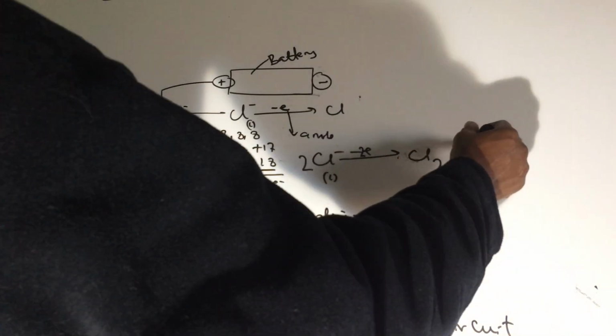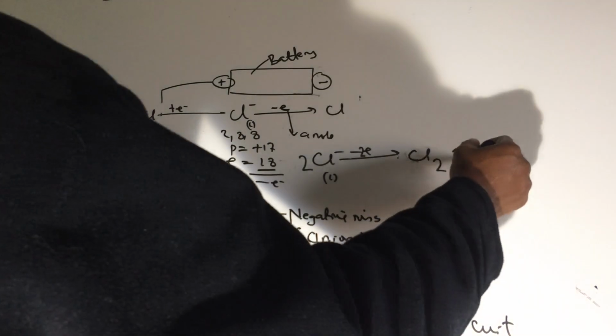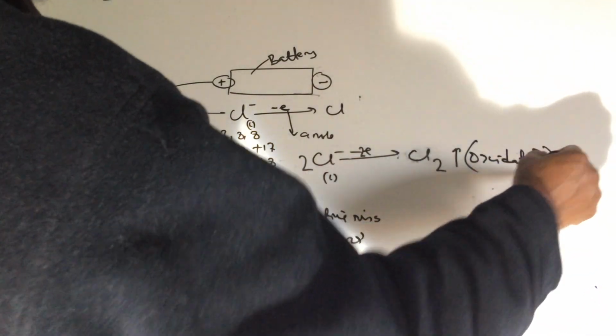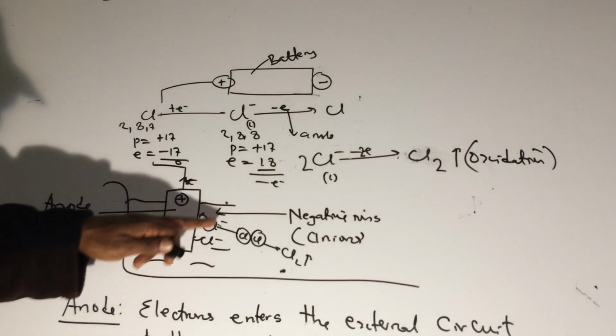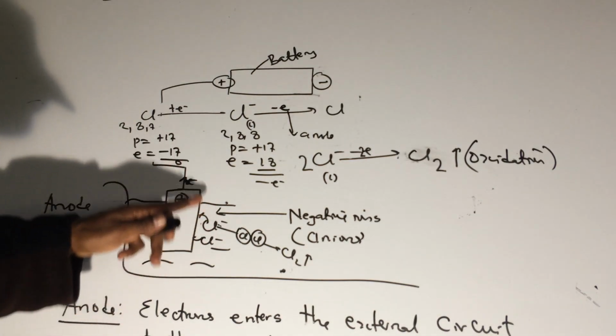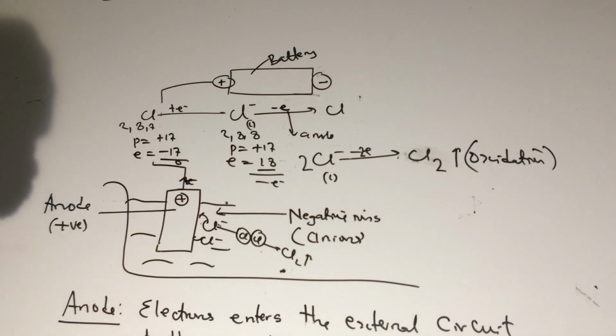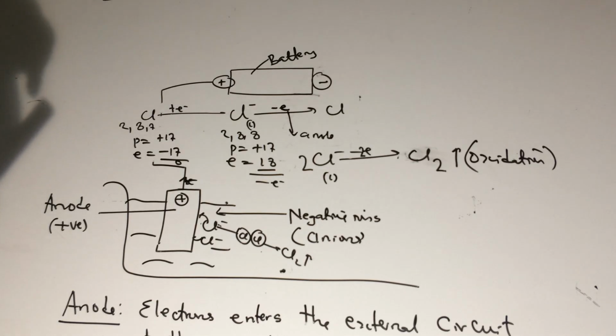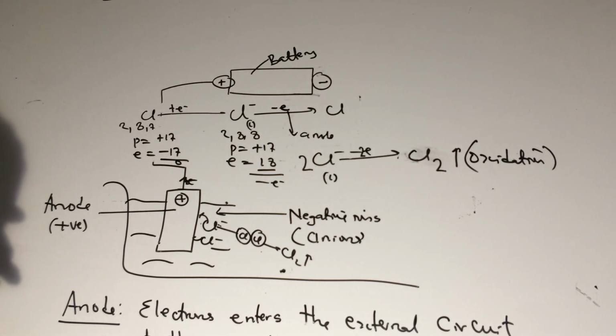So this one is oxidation. Oxidation takes place at the anode. Don't forget. The charged ions that go to the anode are anions.